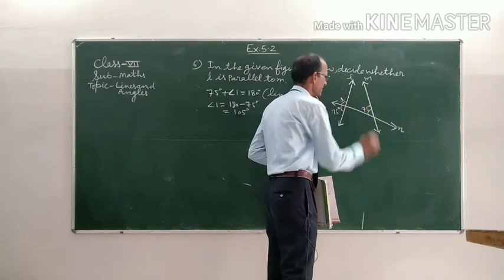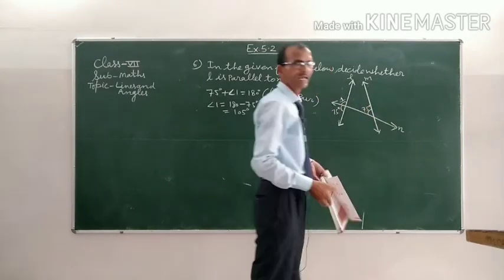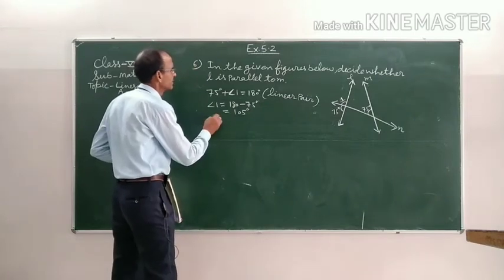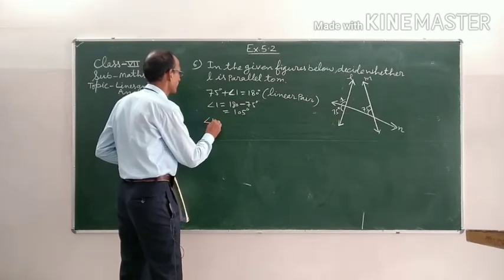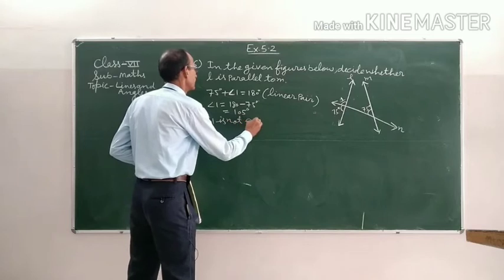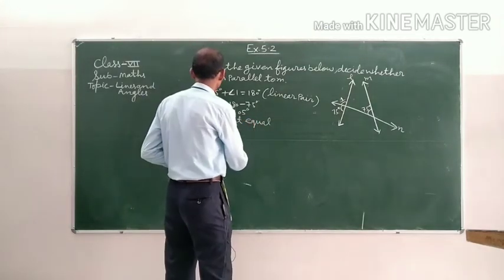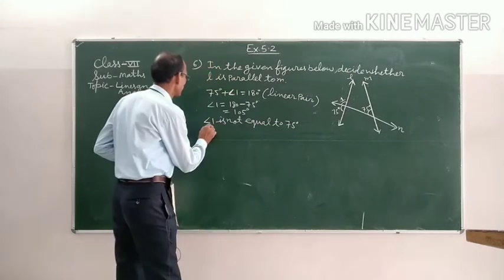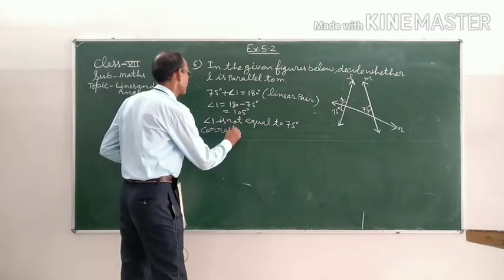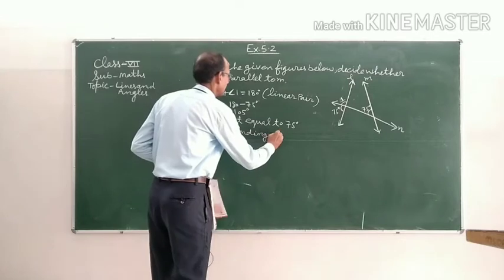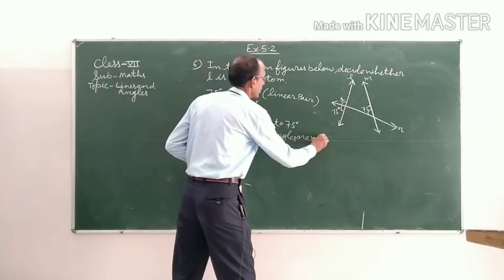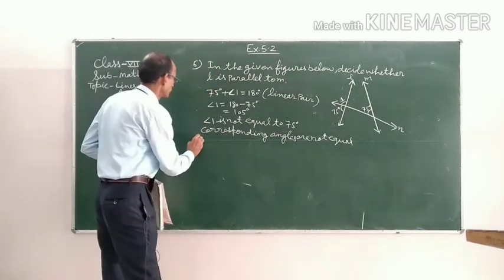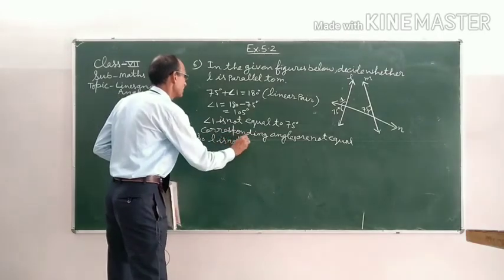These are corresponding angles, because when two lines are cut by a transversal, then angles above the two lines are corresponding angles, and we see that angle 1 is not equal to 75 degree, means corresponding angles are not equal. So line L is not parallel to M.